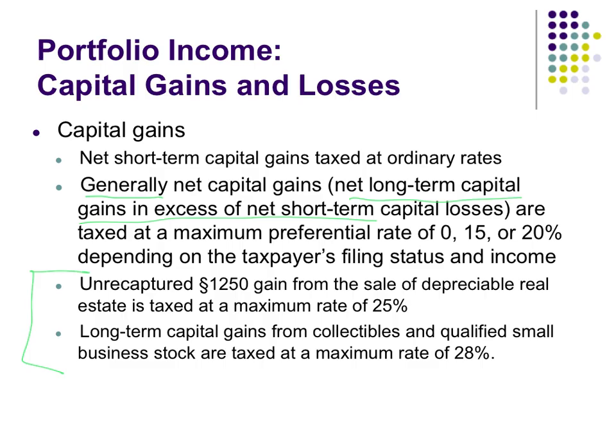Unrecaptured Section 1250 gain from the sale of depreciable real estate is taxed at a maximum rate of 25%. And long-term capital gains from collectibles and qualified small business stock are taxed at a maximum rate of 28%. We will talk about depreciation recapture when we get to depreciation. So it's just important to know that not all capital gains are created equal. There are different types.